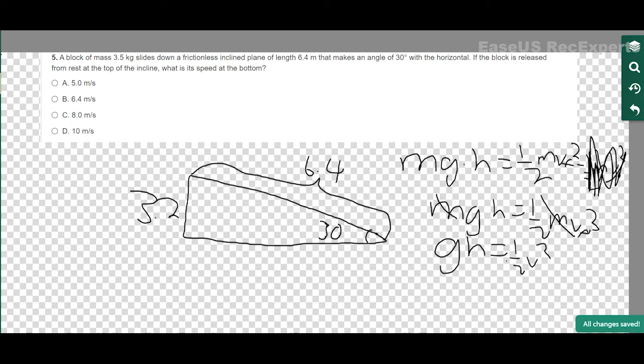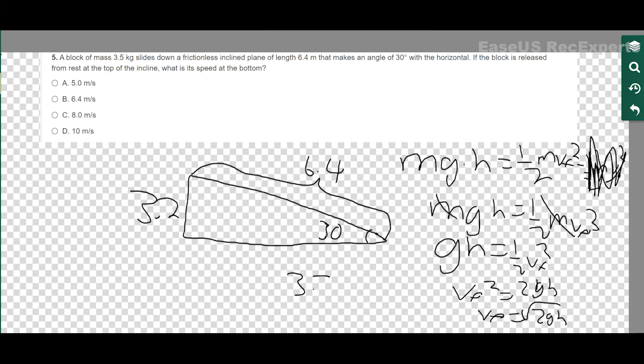And now we want to separate the v final. So we get v final squared is equal to 2gh. Take the square root, your v final is equal to root 2gh. Now, your h right here, we figured out is going to be equal to 3.2.